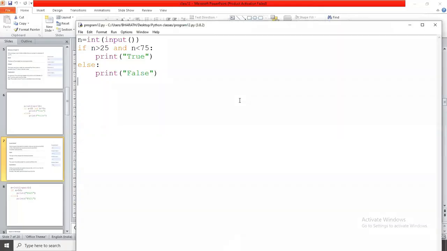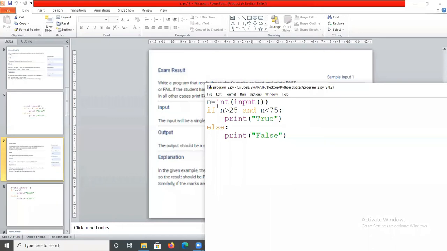Here the n value is the marks, so I define this as marks. What is the condition here? If the marks is greater than 50, then you are going to print pass as output. Otherwise, fail. That's it. So this is the program.